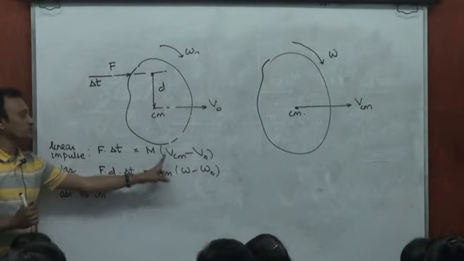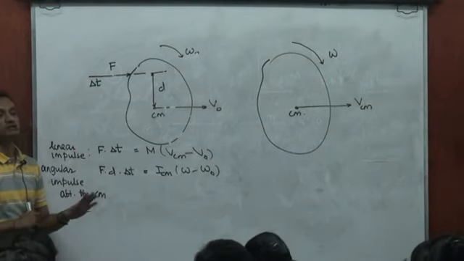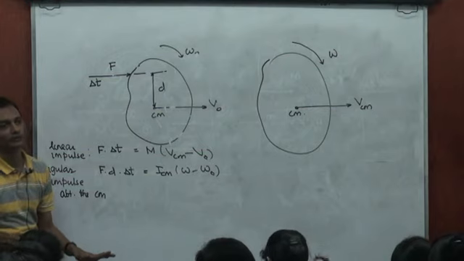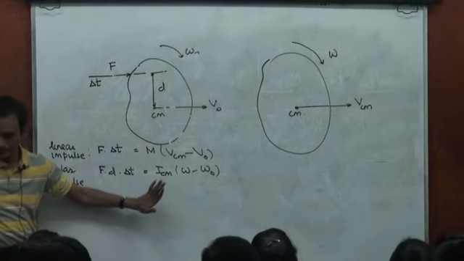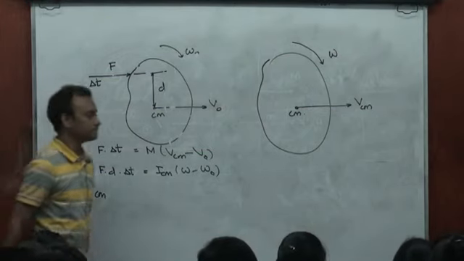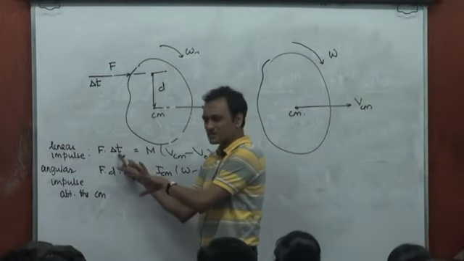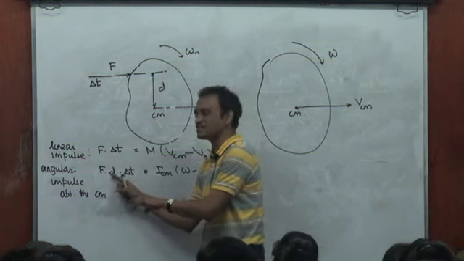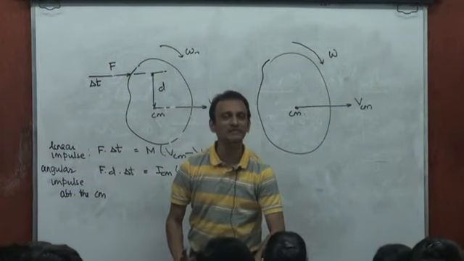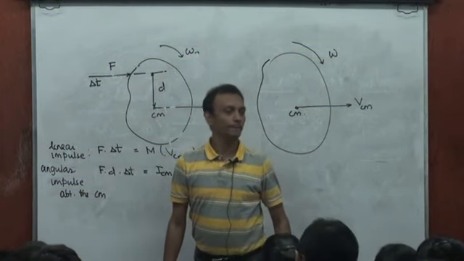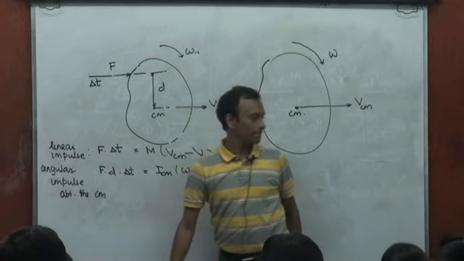Linear impulse produces change in linear momentum. Angular impulse will produce change in angular momentum, to keep things simple. And now, if this delta t is not of interest to you, you can divide it out and dispense with the delta t.